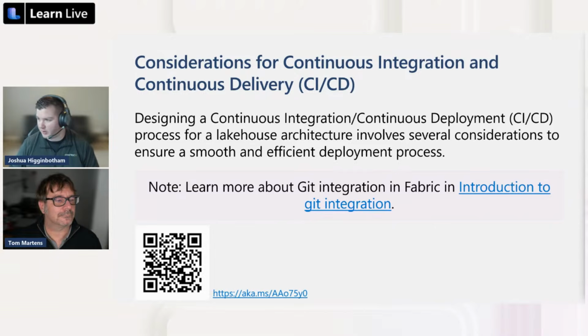One of the last call outs we'll talk about with CI/CD is that in an enterprise solution, CI/CD is going to be critical to your ability to deliver new features, new functionality to your gold layer without impacting your business. I've been in positions where a release took many hours to complete, and that's not something that you want to deal with when you're trying to release functionality to the business.